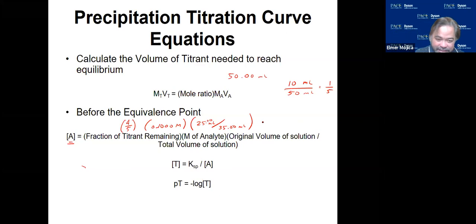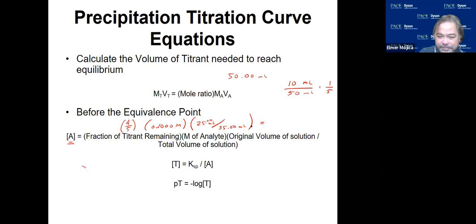And after that, I get the concentration of my analyte. And that is equal to what? Anyone? What do we get? Four-fifths. Someone got the answer. So it's equal to 0.05714 molar.